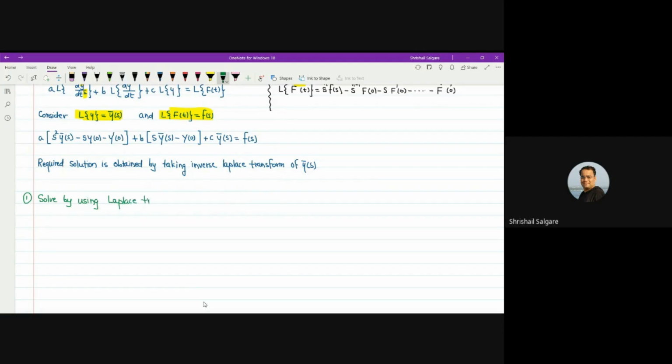The equation is d2y by dt square plus dy by dt equal to 2 with initial conditions. It is given that y of 0 is equal to 3 and y dash of 0 is equal to 1.